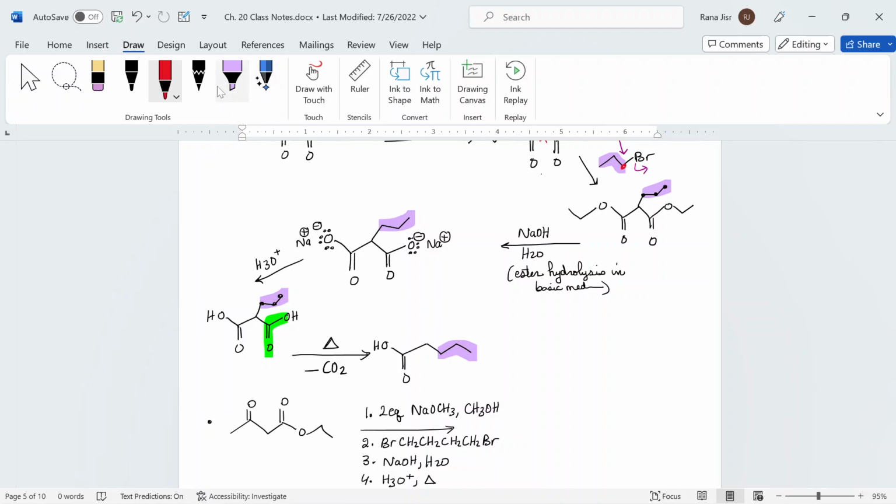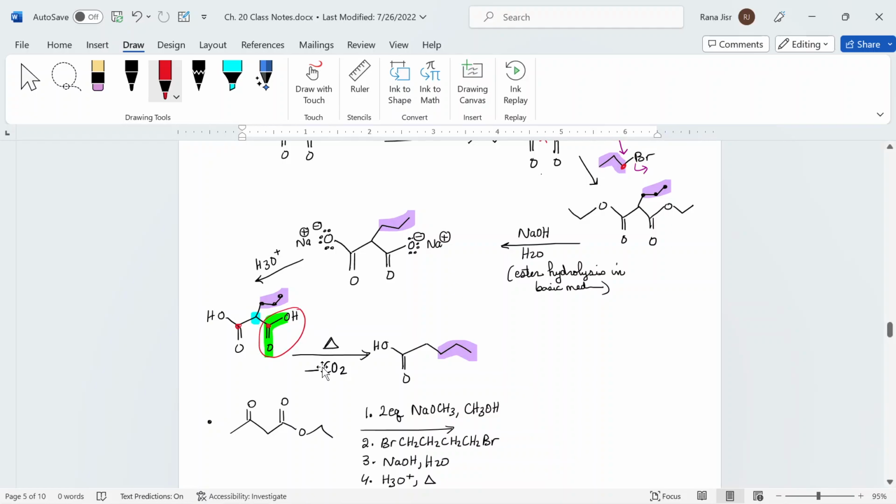Please refer to that. So in order to lose carbon dioxide, I need to have 2 carbonyls that are separated by 1 carbon, and one of the carbonyls needs to be a carboxylic acid.